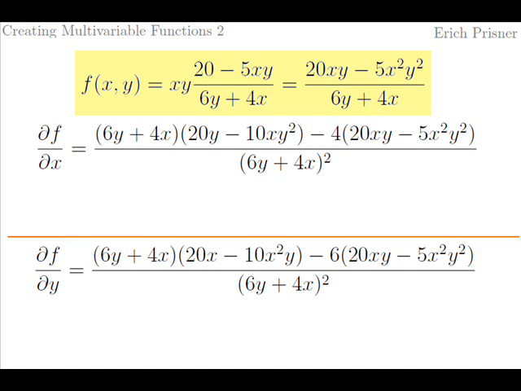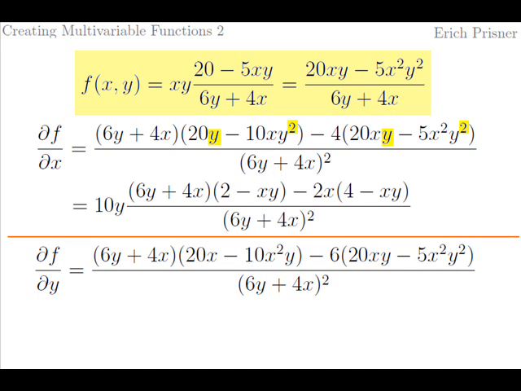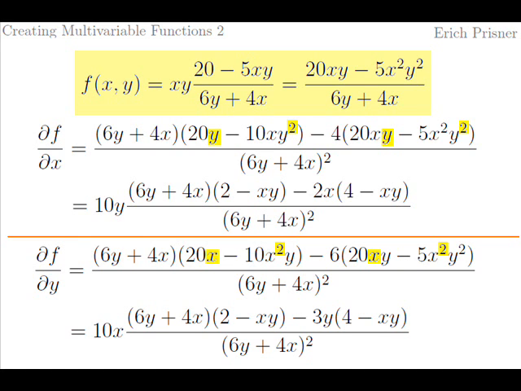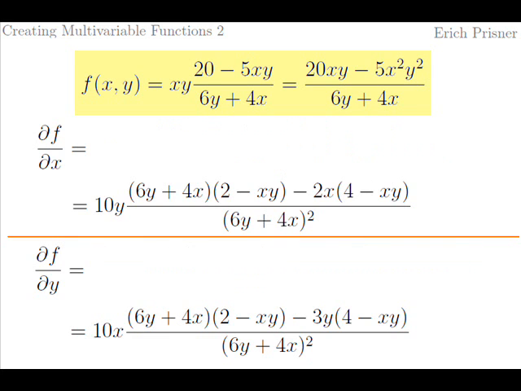Now we need a little algebra, simplifying algebraic expressions, factoring and expanding. The numerator of the first expression has a common factor of 10y, which we can pull out. In the same way, the numerator of the second expression has a common factor of 10x. We expand these expressions, we FOIL or use distributive law.